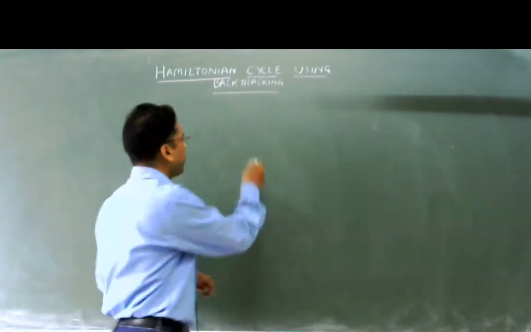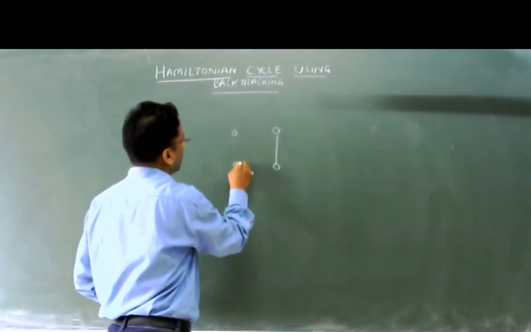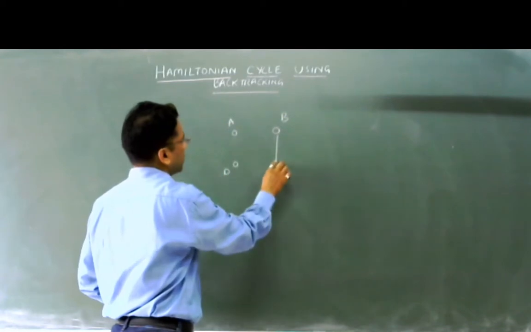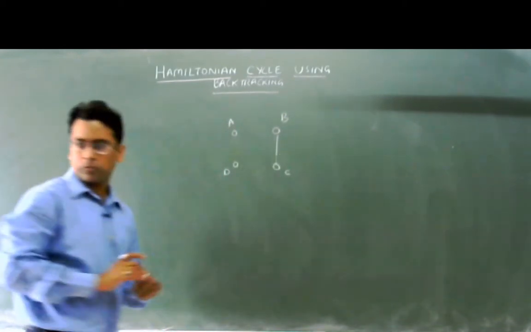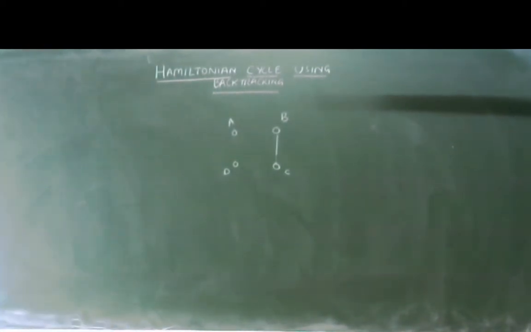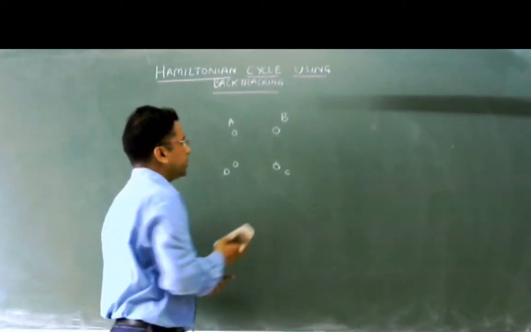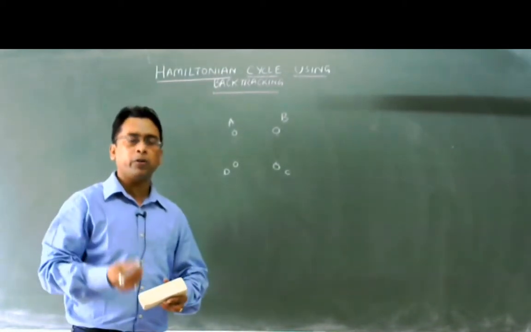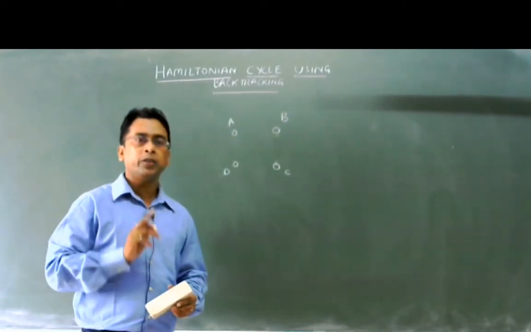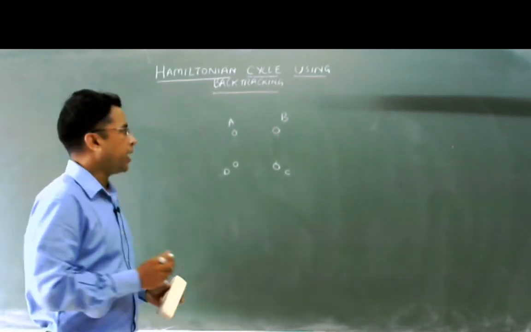For example, if I take a graph like this, with 4 vertices, A, B, C and D. This is the graph with 4 vertices and I have to create a Hamiltonian circuit which contains exactly 4 edges and creates a cycle.